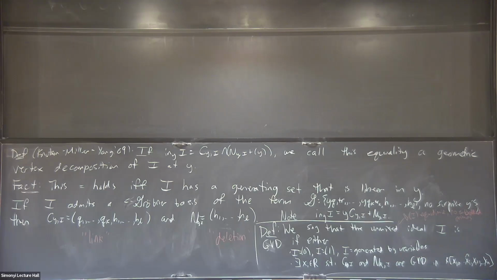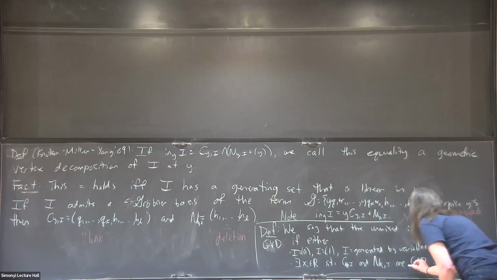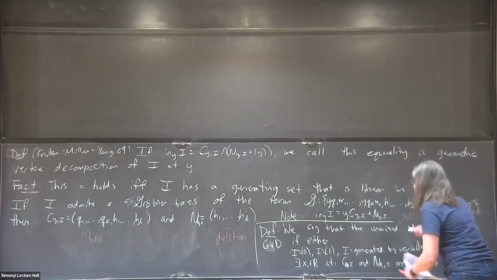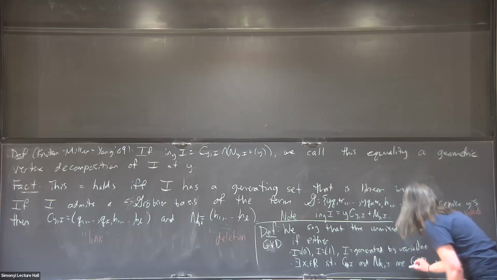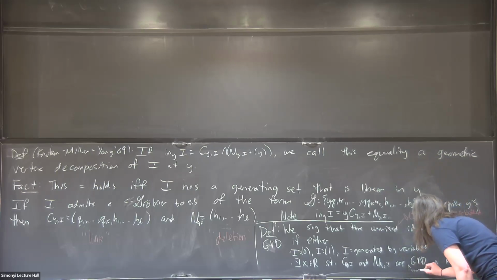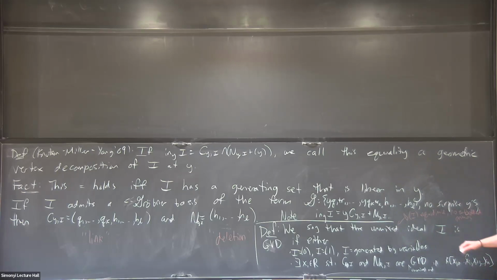C and N being unmixed is part of the requirement? Yes, yes. And in the same way that there is a non-pure version of vertex decomposable, there is a non-pure version of this theory.